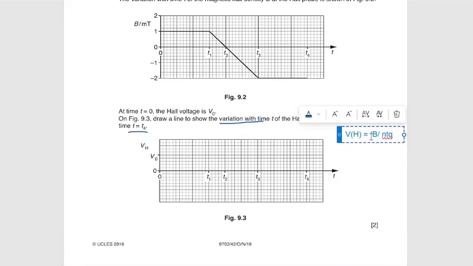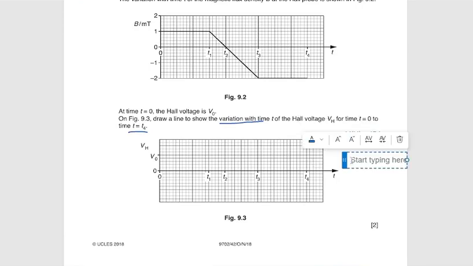So we can simply say that hall voltage is directly proportional to magnetic flux density, which is capital B.